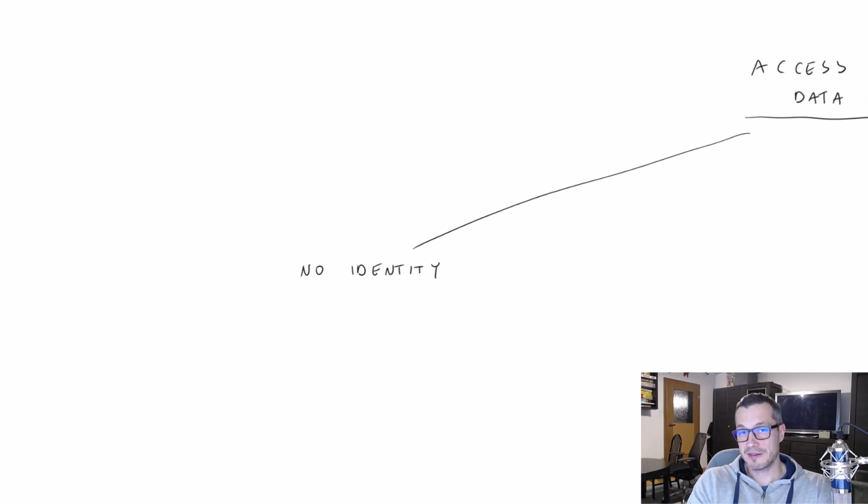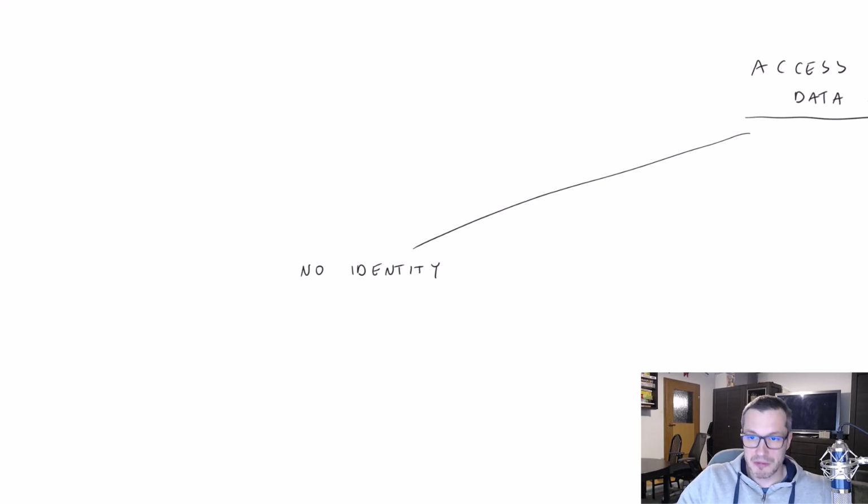So if we have some data breach and we don't know who was the person trying to do something bad with our data, well, that's a bad situation. But we've got those types of options when we talk about getting access to a data lake.